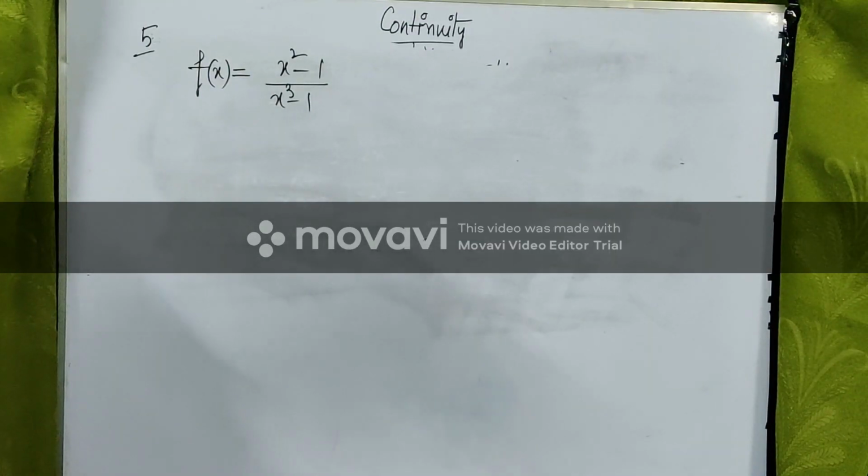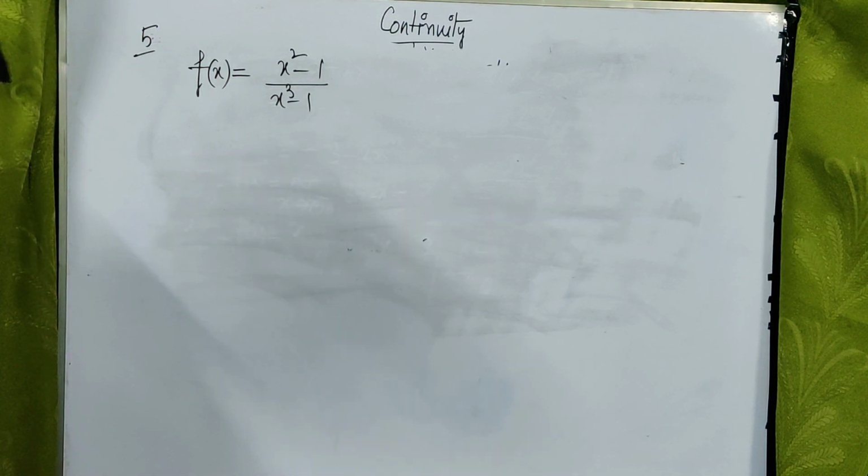Now here it is given this function f(x) equals x square minus 1 by x cube minus 1 is undefined at x equals 1. What should be the value of f(1) such that f(x) may be continuous at x equals 1?